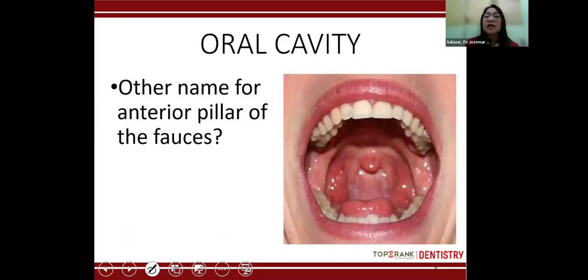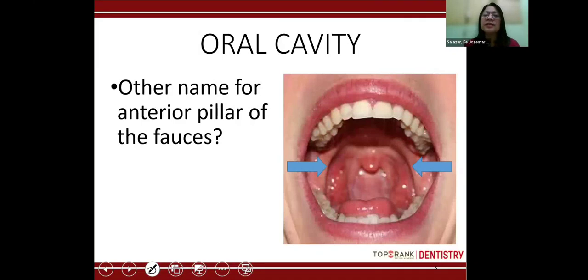In the board exam, sometimes they use the less common term, yung hindi popular na terminology. So you always have to know kung ano yung other term. For example, what is the other name for the anterior pillar of the fauces?